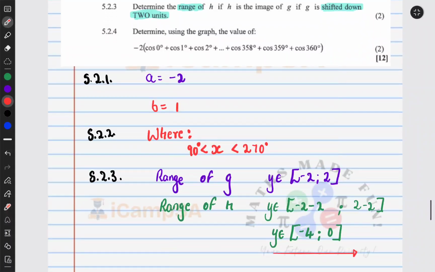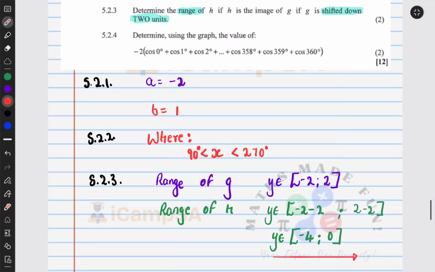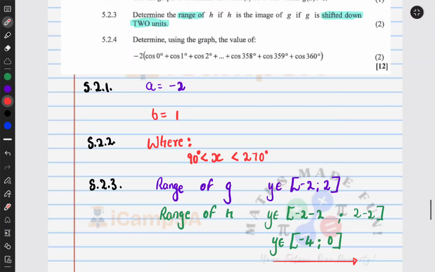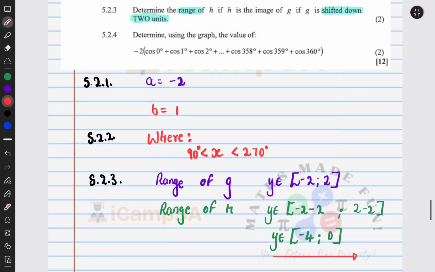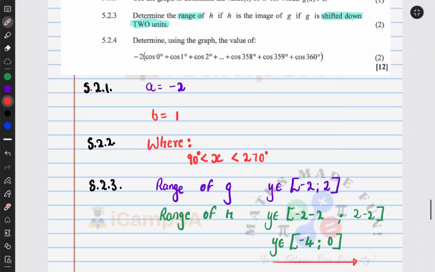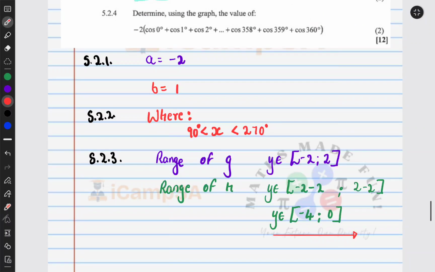Okay, and then for 5.2.4, determine using the graph the value of 2 cos 0 to cos 1. For 5.2.4, this one is actually just simple.